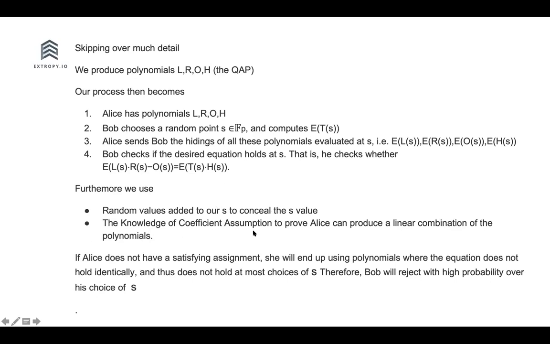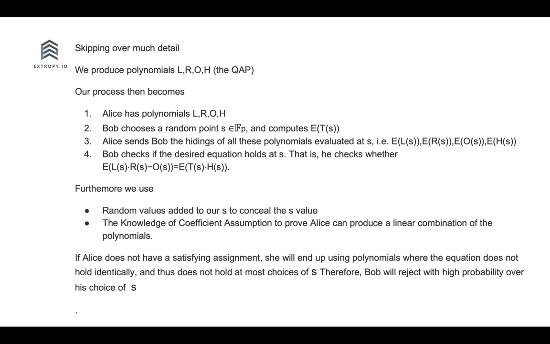It requires some cryptographic assumptions to do this, but it all works, and the end result is that at the end of it, Bob will see that these polynomials match what he is expecting at some random points that have been chosen. He can then use this idea that if the polynomials were different, they would not match at the points that he has chosen, and so he can assume that these polynomials are the same.